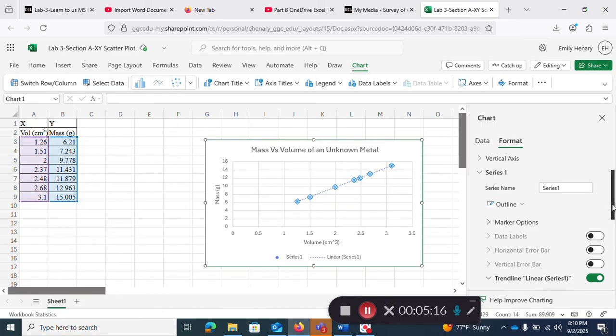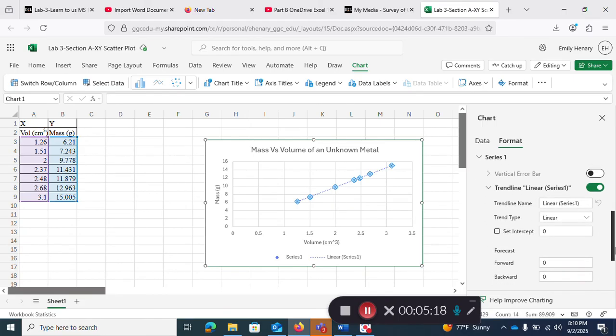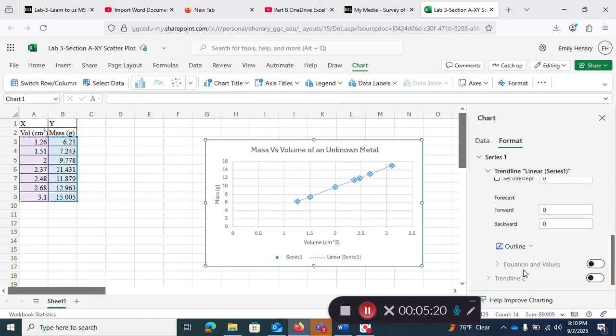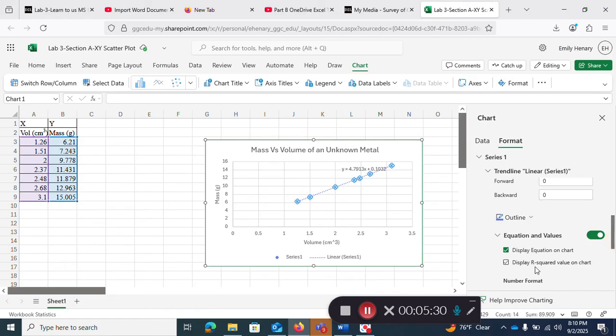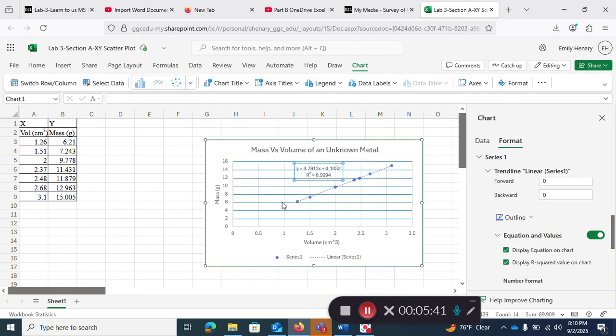And if you scroll down further until you see display equation on chart, make sure to get that selected. Now you have the equation displayed on the chart. And if you go just one more step down and select display R-squared value, now we have both the linear equation and the R squared displayed.